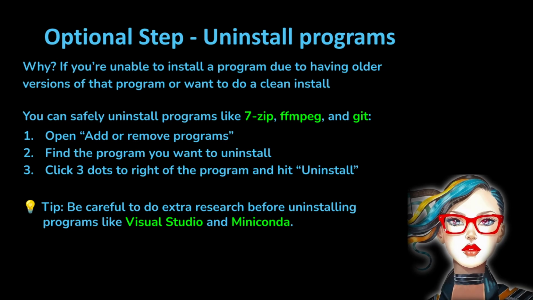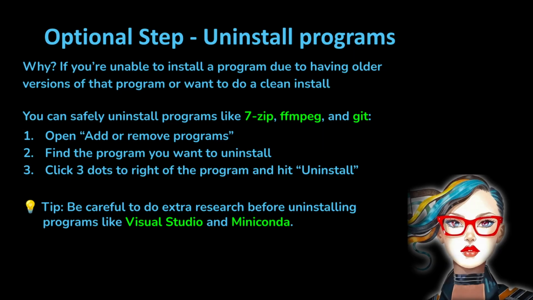For example, if you were to uninstall Miniconda in the future and you have projects that you were working on and they were set up in Conda virtual environments, when you uninstall Miniconda, it will automatically delete those Conda virtual environments and you might find your whole setup is missing. So do be careful and do some research before you go uninstalling things.